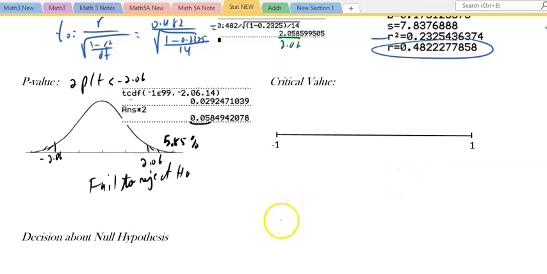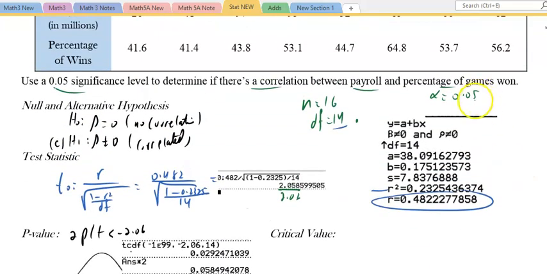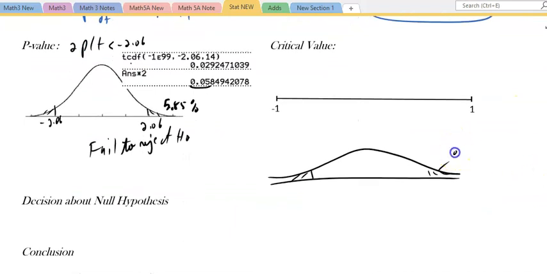Now let's go do a critical region using a t. If you want to use a t distribution, remember this is alpha, and alpha in this case was 5%. So this is 0.05 divided by 2, 0.05 divided by 2. This is the rejection region.